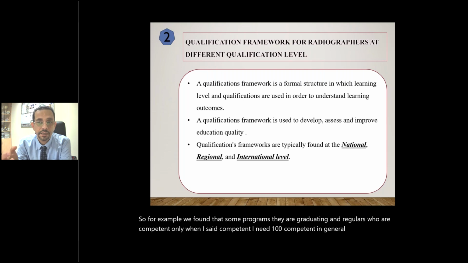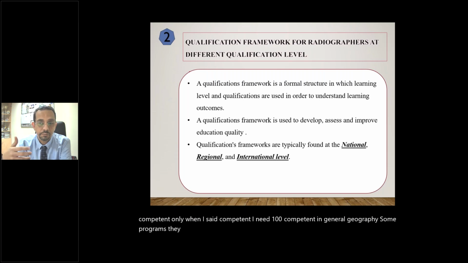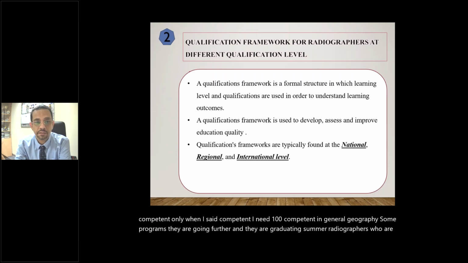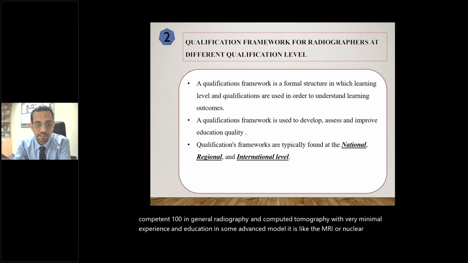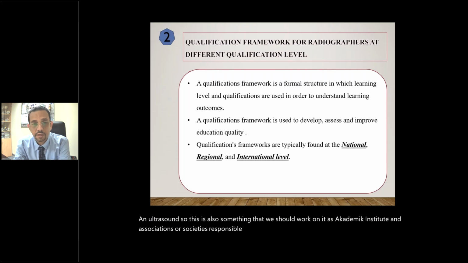Some programs go further and graduate radiographers who are 100% competent in general radiography and computed tomography, with very minimal experience and education in some advanced modalities like MRI, nuclear medicine and ultrasound. So this is also something that we should work on, as academic institutes and associations or societies responsible for the radiographer in the future.